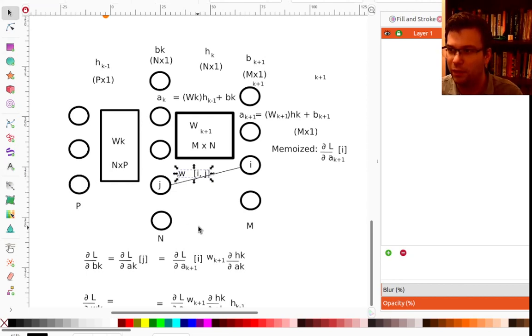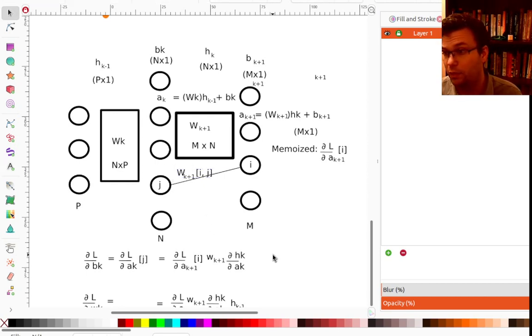Let me be sure to get the right subscript here. I'll make it a capital W now because we're taking this out of the matrix, so I'm using capital W for a matrix. That's the weight here: capital W_{k+1}, row i for the output to neuron i, column j for the input from neuron j.